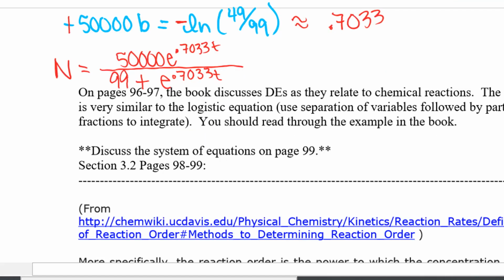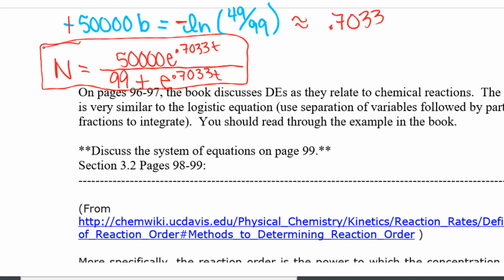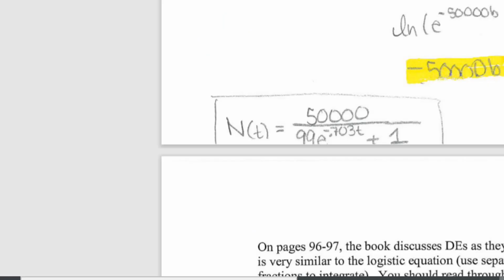And that's fine. It's fine to leave it like this. If you look at the completed notes that I posted, I just multiplied numerator and denominator by E to that negative power. So just the 50,000 is in the numerator and then 99 E to the negative 0.7033T plus 1. Okay. And I guess I only did 0.703, but similar.